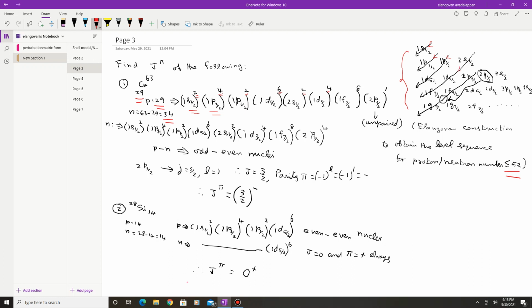Since it is 29, this is 2 plus 4, 6, 8, 14, 16, 20, 28, and the last one is 29. So this is unpaired.